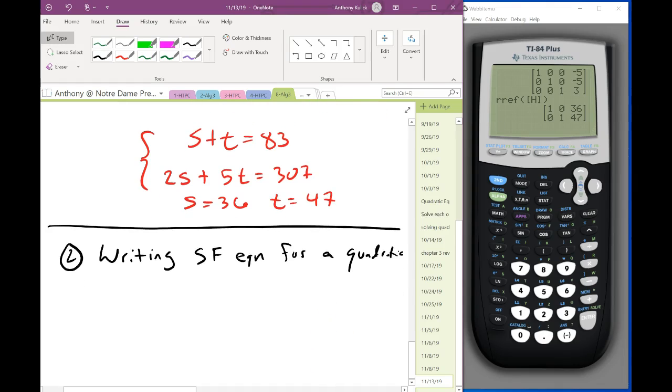So the next application we have is if I ask you to write the standard form equation for a quadratic.